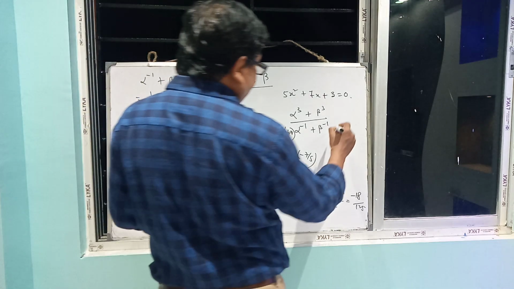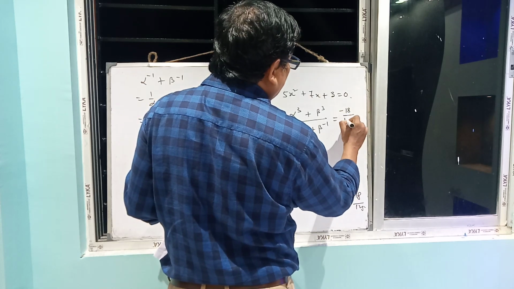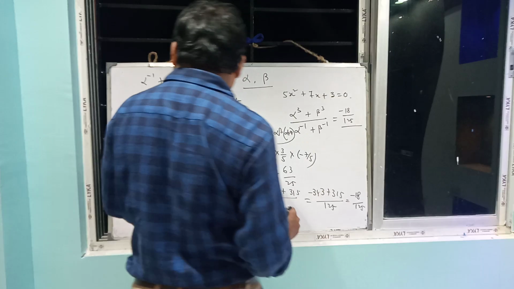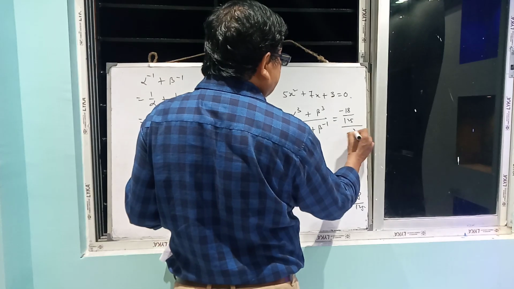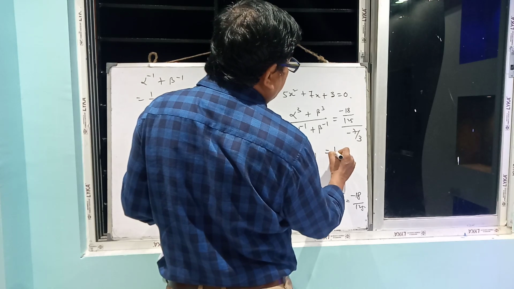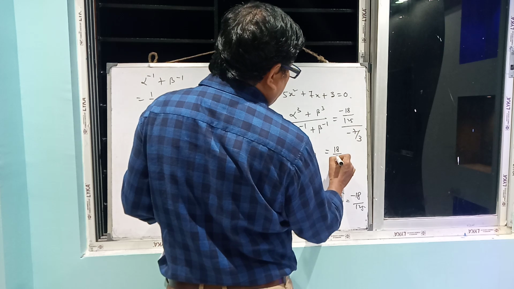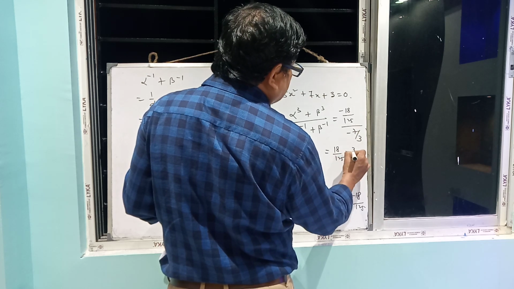Just to write here, minus 18 by 125 divided by minus 7 by 3. So simplify, positive, 125 into 7, and 3 by 7.